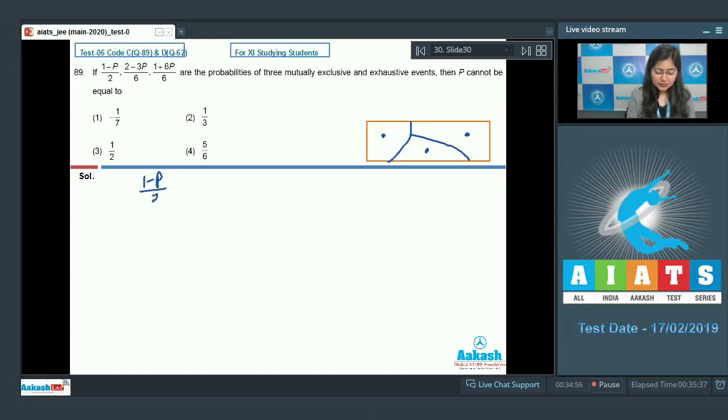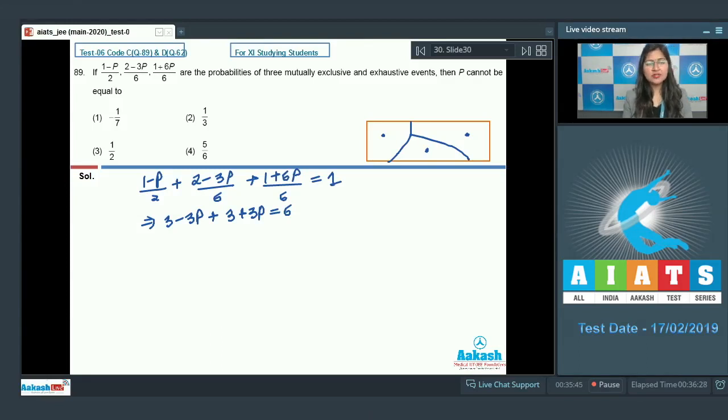This is 1 minus p by 2 plus 2 minus 3p by 6 plus 1 plus 6p upon 6 is equal to 1. Now multiplying by 6 on both sides, we will get 3 minus 3p plus 3 plus 3p equal to 6. Now from here we are getting right hand side equal to left hand side.